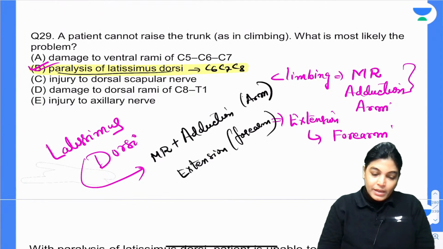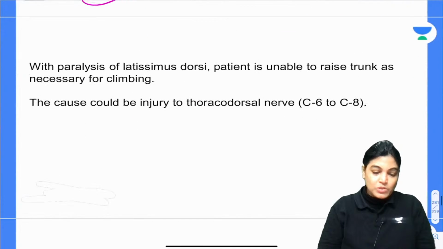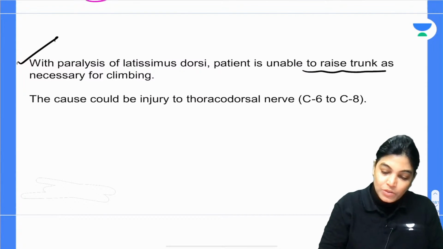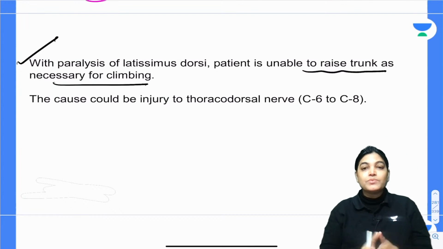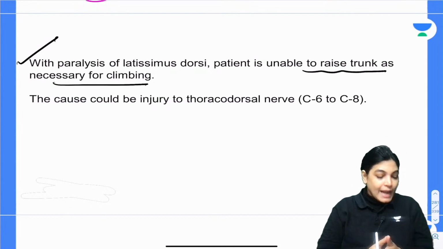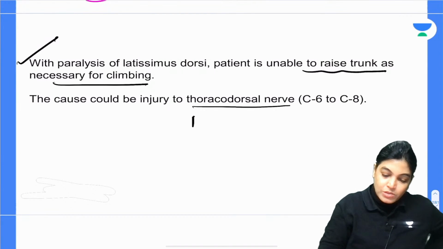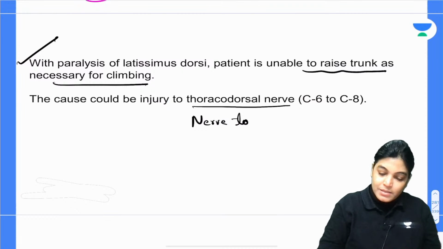So absolutely correct, my dear aspirants. Let me show you. With paralysis of the latissimus dorsi muscle, the patient is unable to raise the arm, which is important for the climbing movement. The cause could be injury to the thoracodorsal nerve, which is also called the nerve to latissimus dorsi.